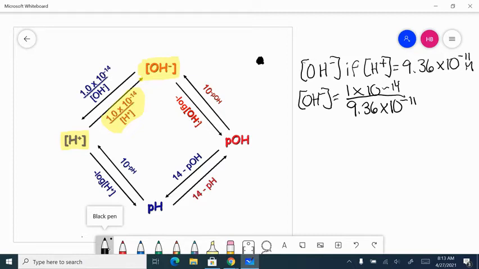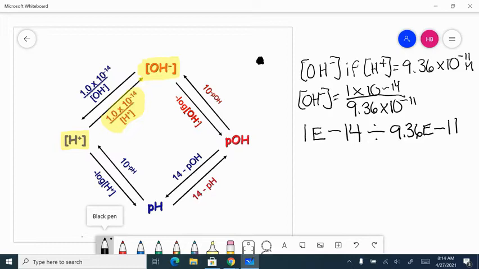So in my calculator, I type in 1, and then I'll find the EE key, then the negative sign, 14, and then I'll do divided by 9.36, exponent key or EE key, and then minus 11. Remember, I don't use the number 10. I don't use the times sign.